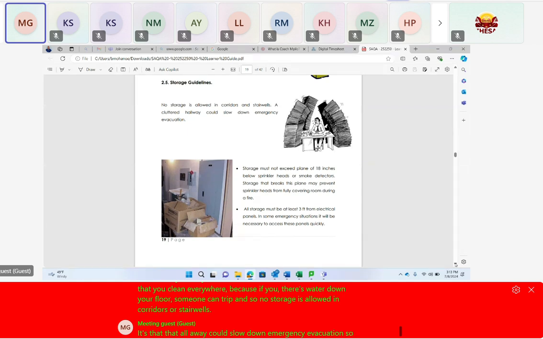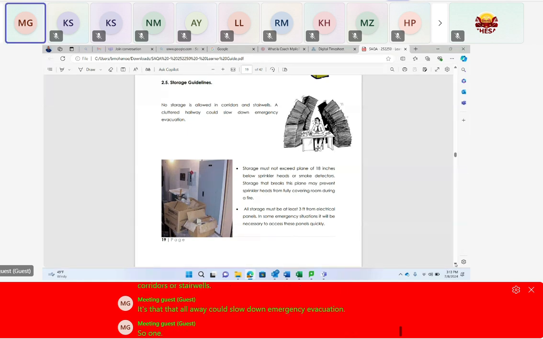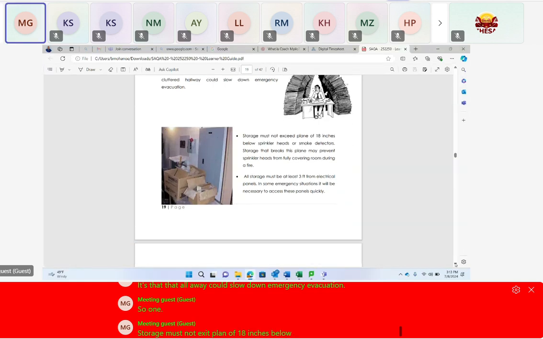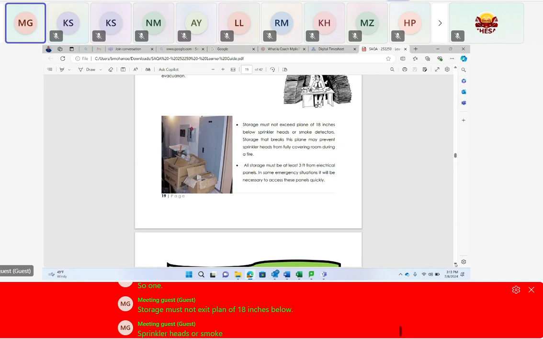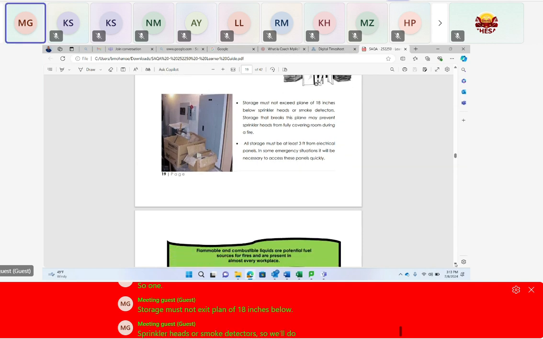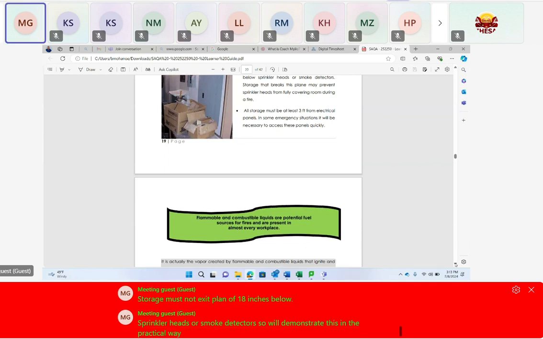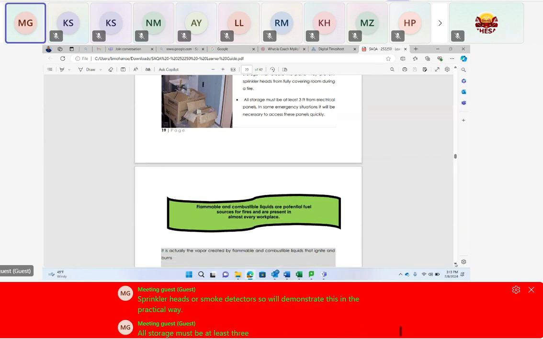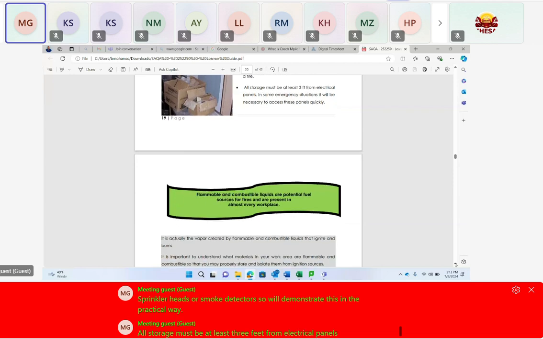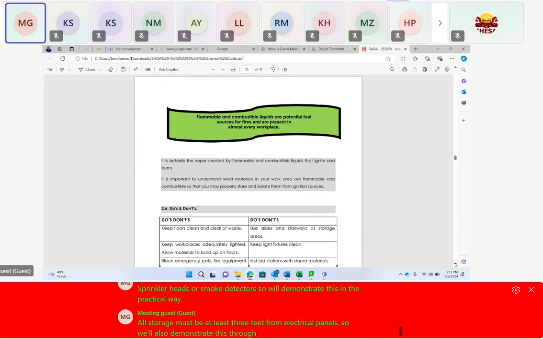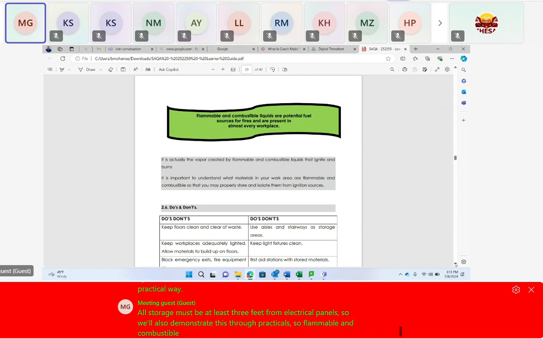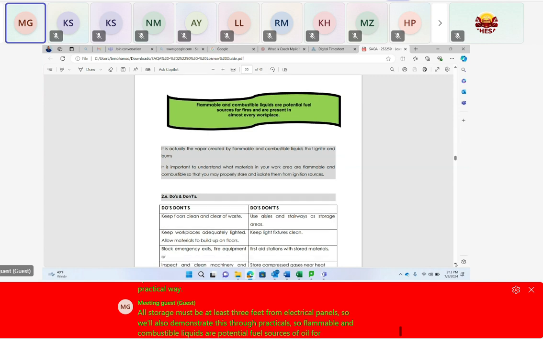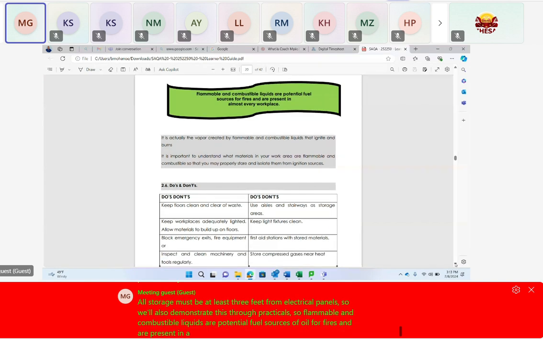Storage must not exceed a plane of 18 inches below sprinkler heads or smoke detectors. We'll demonstrate this in a practical way. All storage must be at least 3 feet from electrical panels. We'll also demonstrate this through practicals. Flammable and combustible liquids are potential fuel sources for fires and are present in almost every workplace.